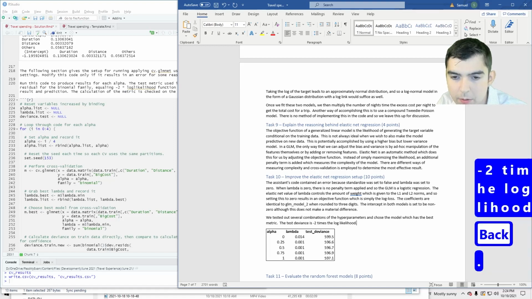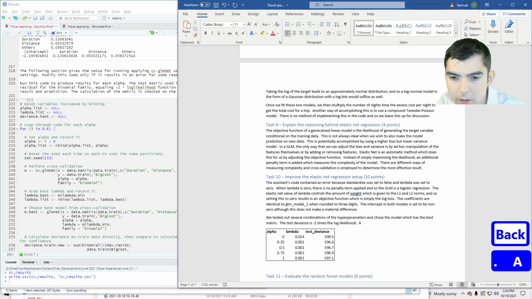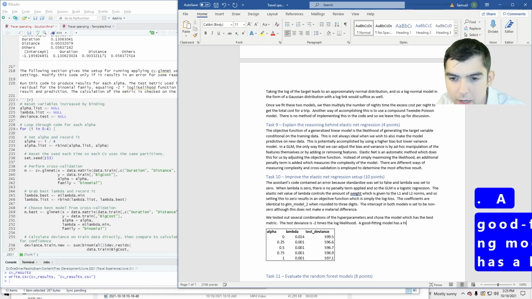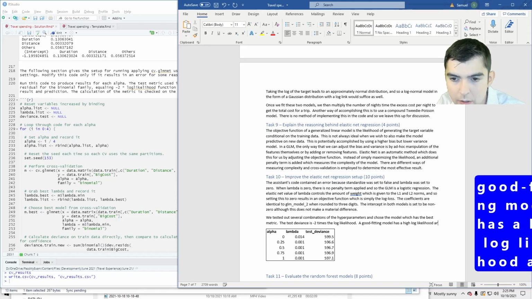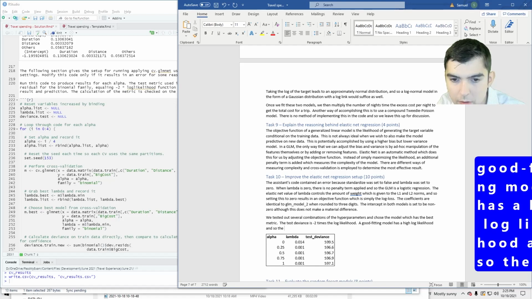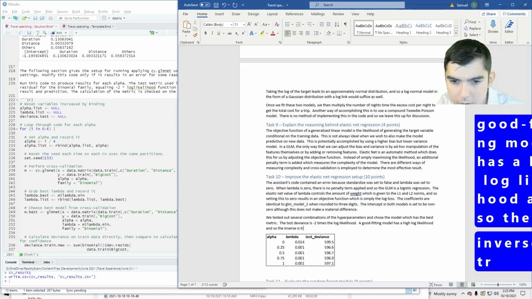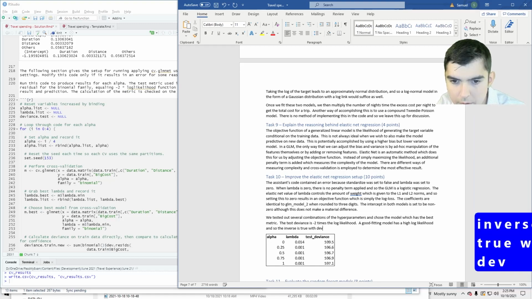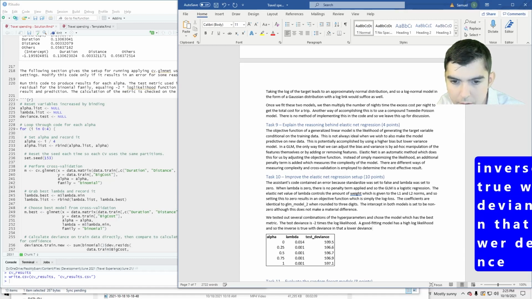Which we know with a good fitting model has a high log likelihood. So the inverse is true with deviance, in that a lower deviance is best.